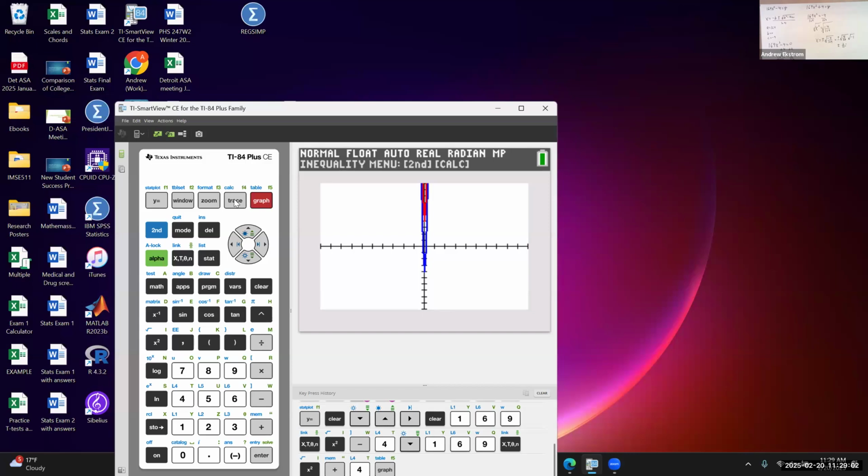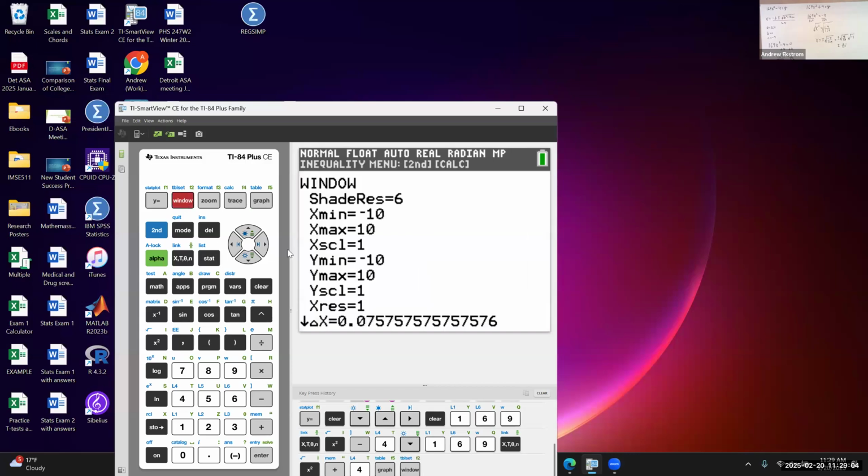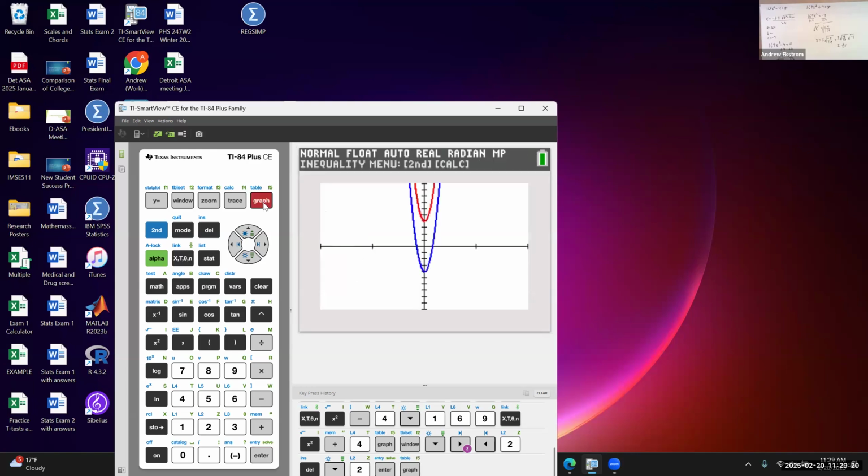They look like they're overlapping. So let's change the window on this to say, let's say -2 to 2. Let's see how that works out. Now you can see a little bit more clearly what's going on here.